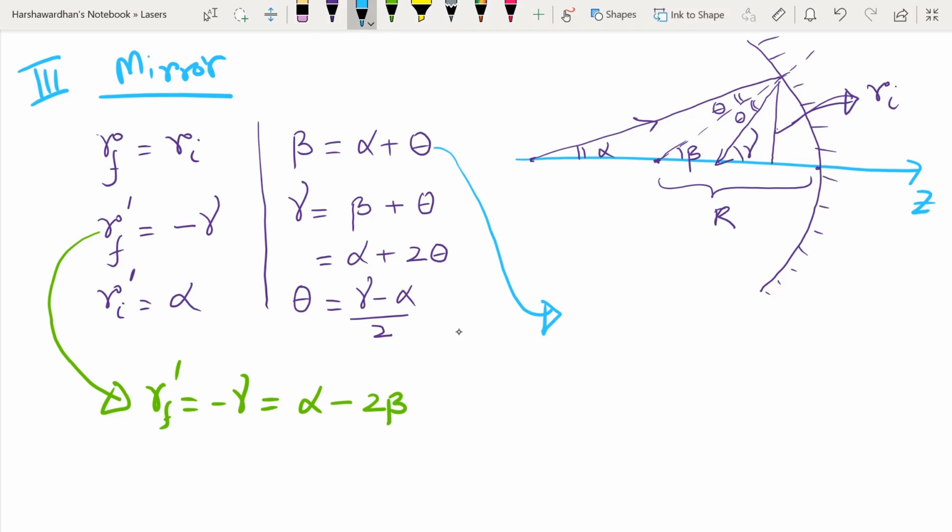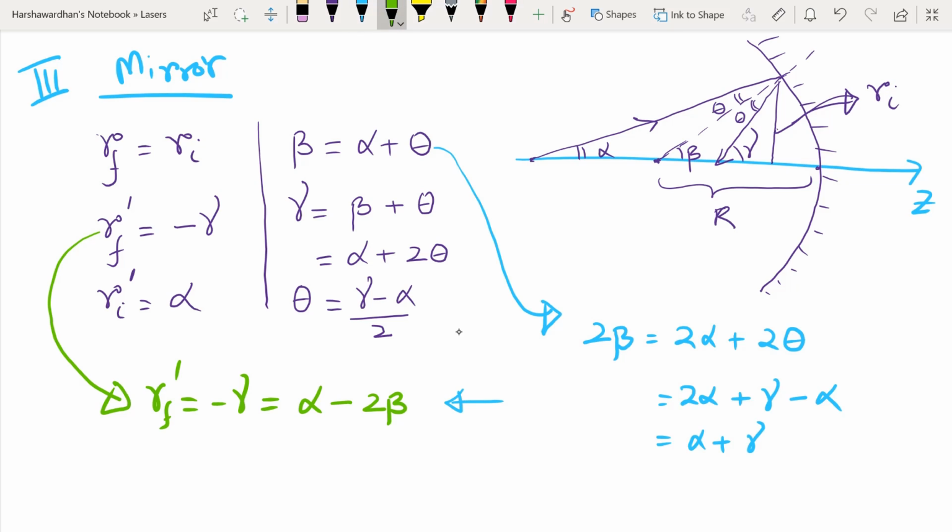So you see that my 2 beta is same as 2 alpha plus 2 theta, which is simply 2 alpha plus gamma, which I can rewrite as, remember that alpha is essentially the Ri prime, whereas beta can be written as minus 2 times Ri divided by R. Remember, Ri by R is going to give you essentially beta.